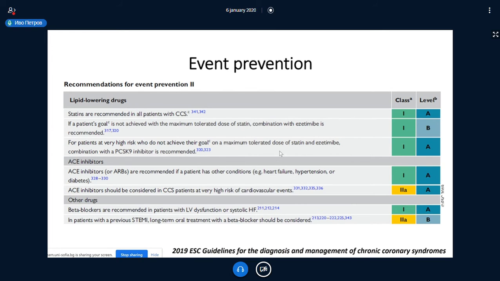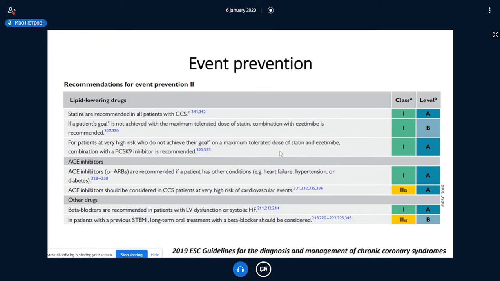These are the statins, sometimes in combination with ezetimibe, and the modern PCSK9 inhibitors.